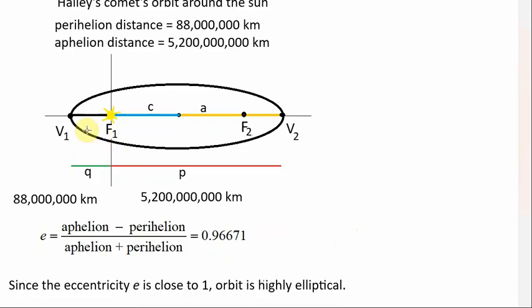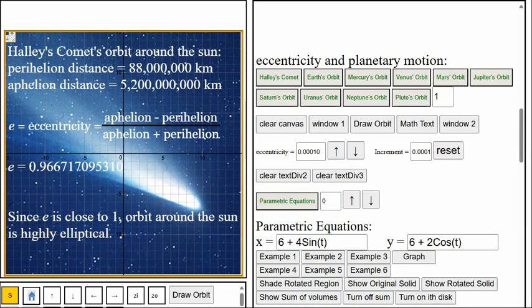And then now I'm going to show how we got the polar equation for the orbit here. We have just seen that the eccentricity for Halley's Comet is 0.96671. And then here's the orbit, and this is the sun right here.